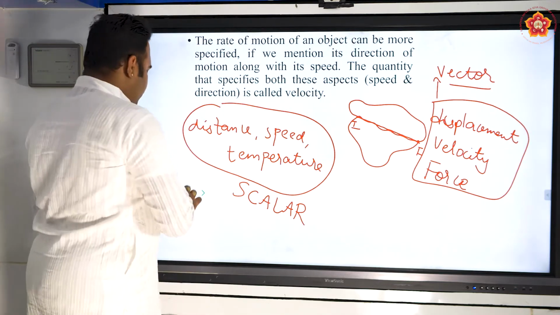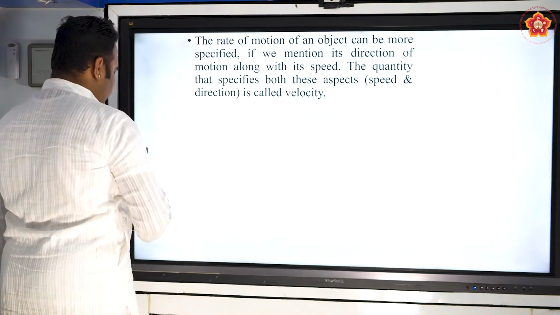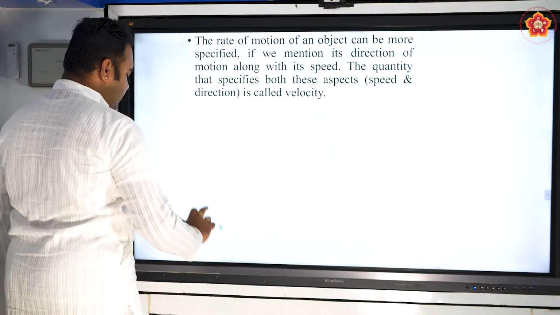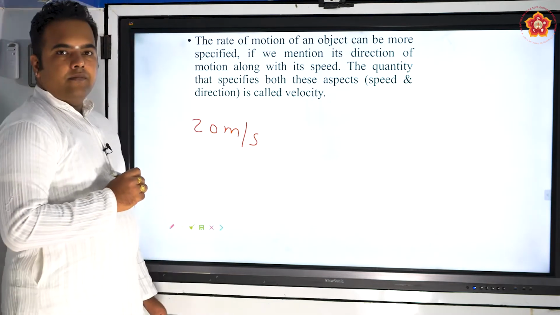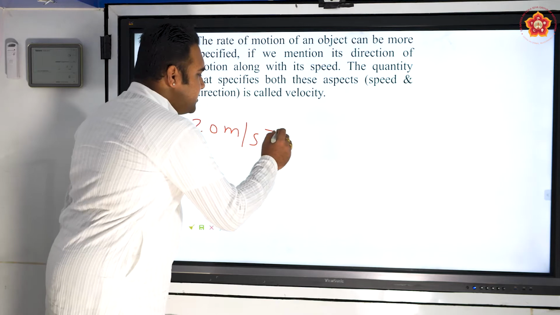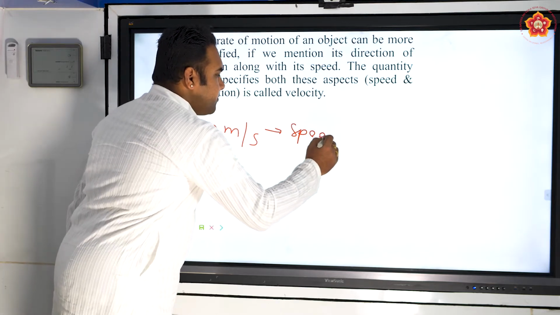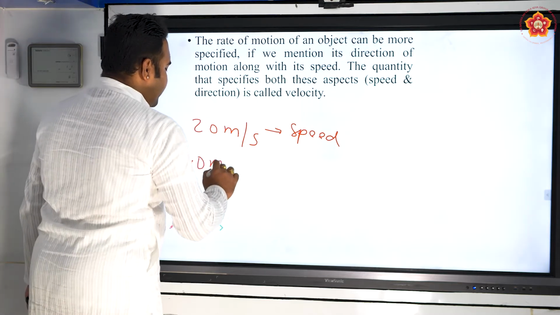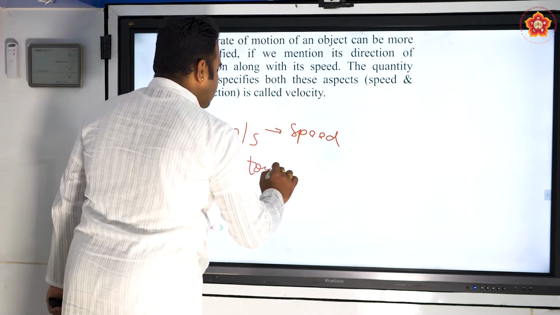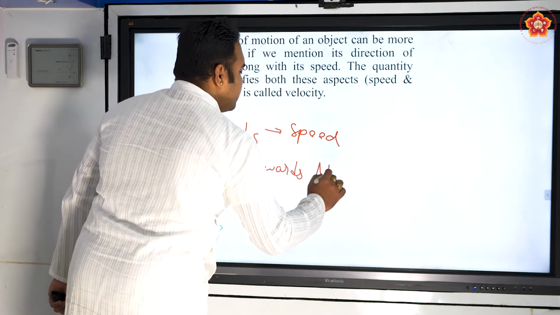So suppose when we just mention 20 meters per second, it is to be understood that this is speed. Suppose somebody writes 40 meters per second towards north.